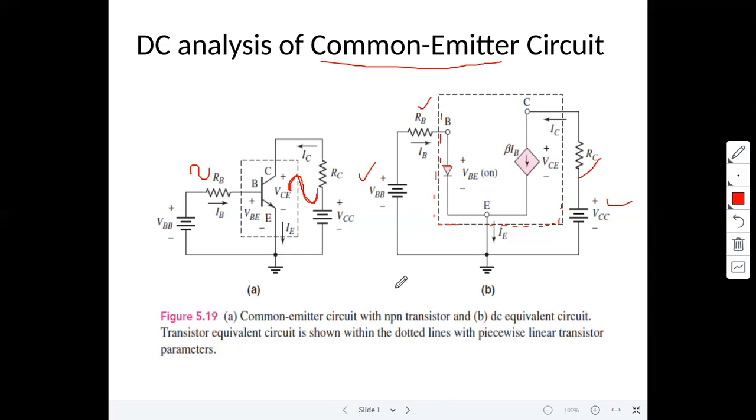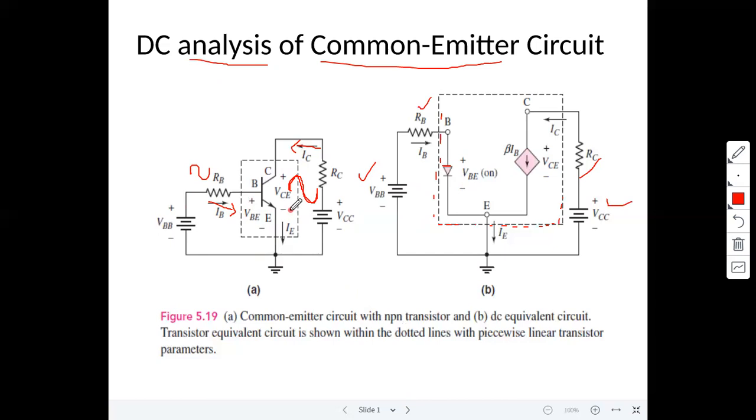Coming to the analysis, observe the word analysis. Analysis is nothing but finding the different unknown quantities in the circuit. So this is the circuit diagram. What are the unknown quantities? The input current IB, the output current IC, and the output voltage VCE.